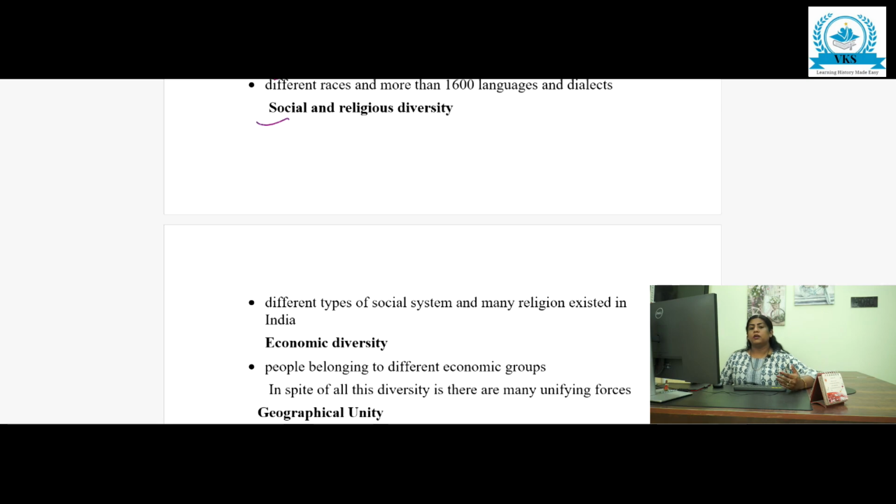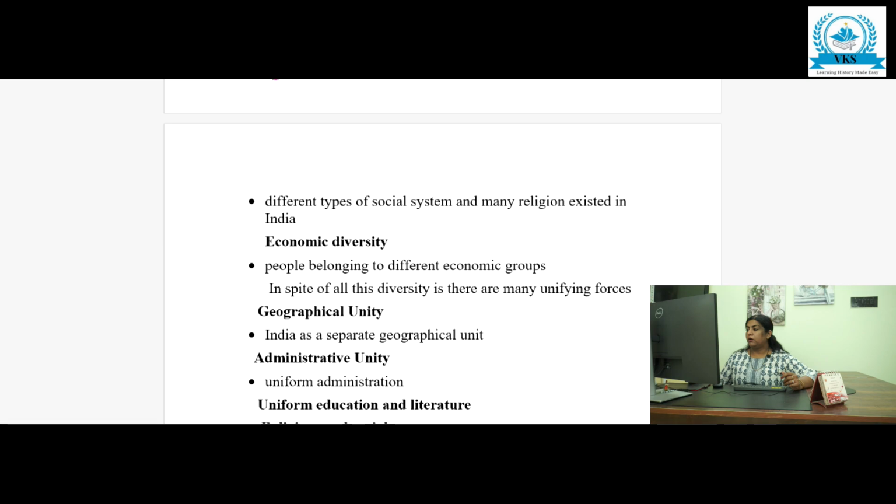Social systems like patriarchal family, matriarchal family, different types of marriages, polygamy, monogamy, and many religions like Hinduism, Islam, Christianity, Jainism, Buddhism, all these existed in India. So that is how social and religious diversity is there. Next is economic diversity. People belonging to different economic groups, that is rich class, poor class, middle class, are living in India.